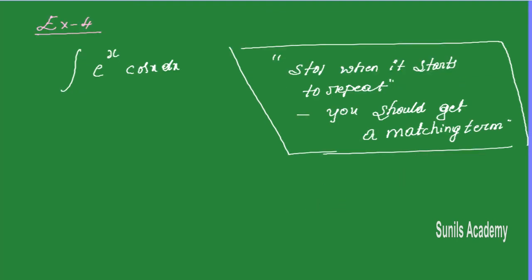Now again we have to consider two columns, D and I. Take e power x in the D column, and the integral column is the cos x.